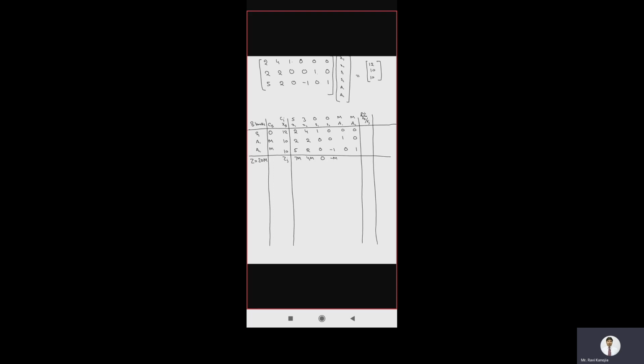Then we have minus M. Then we have plus M. We have plus M. Now we have Cj minus Zj. So we have 5 minus 7M. And we have 3 minus 4M. Right? Then we have 0. Then we have plus M.